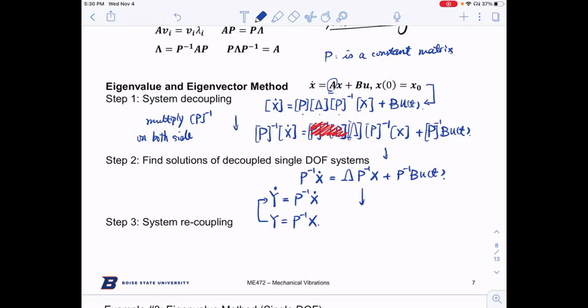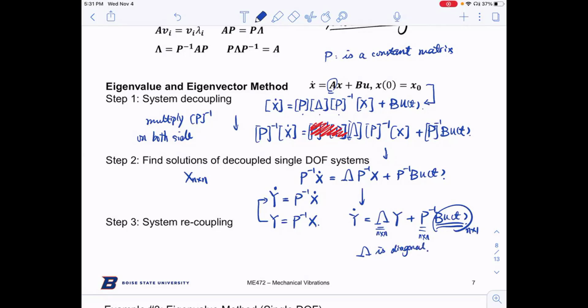So by replacing x by y, you have y dot equals lambda y plus P inverse B u. As you remember, let's say your x is n by 1, your B u will be n by 1, and then the P inverse is n by n, and this is n by n, and also lambda is diagonal.